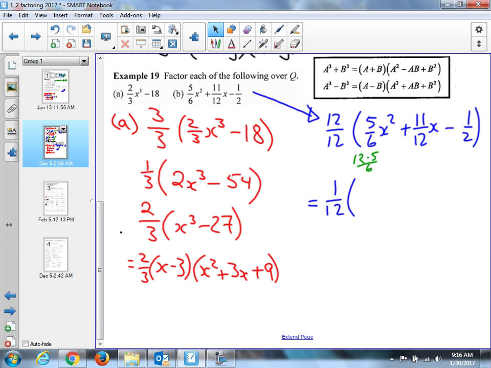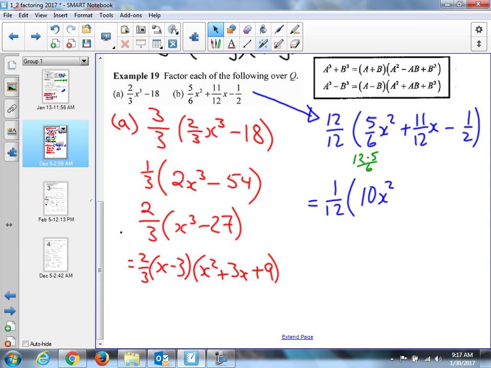Before you multiply, I would not go 12 times 5 is 60 divided by 6, although you can. I'd usually simplify ahead of time and just say, well, 12 and 6, that's a 2. And then 2 times 5 is 10. 60 divided by 6 works, though, but sometimes you get numbers so large, it's a nightmare.